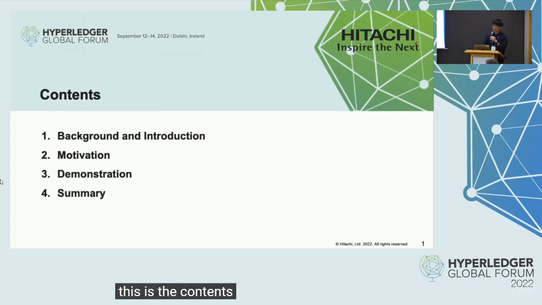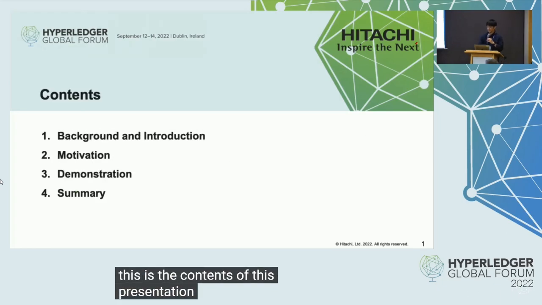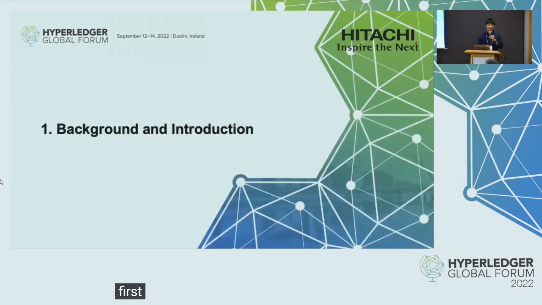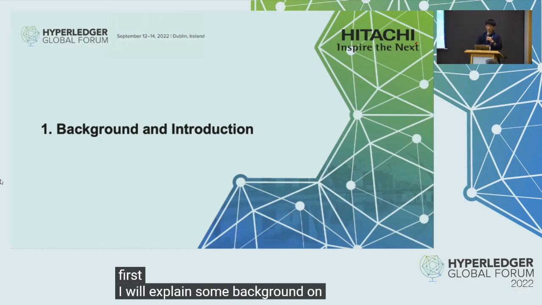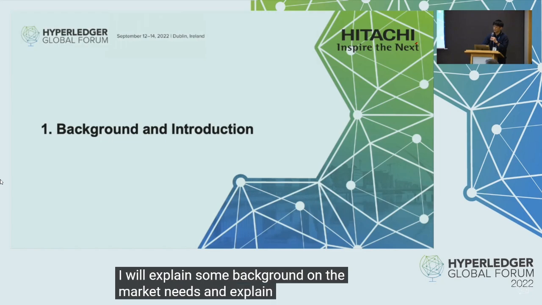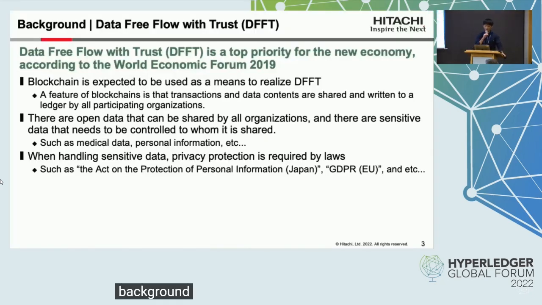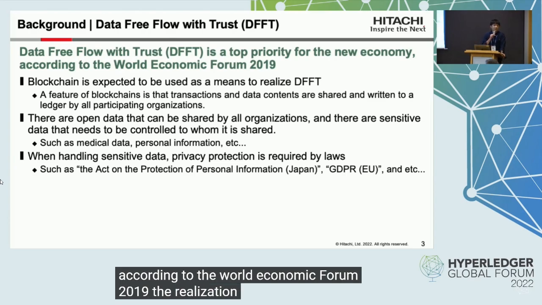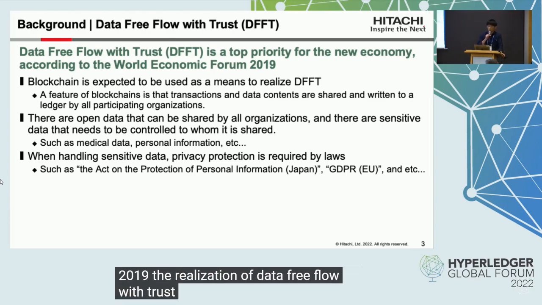This is the contents of this presentation. First, I will explain some background on the market needs and explain introduction. Background. According to the World Economic Forum 2019, the realization of data free flow with trust, DFFT, is a top priority for the new economy.